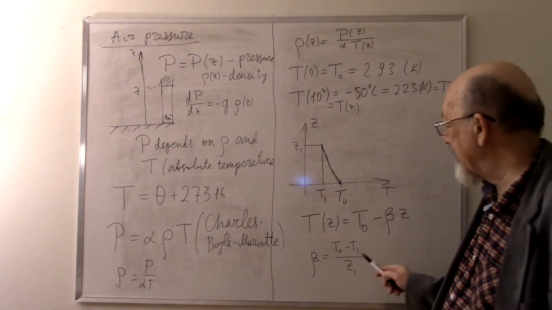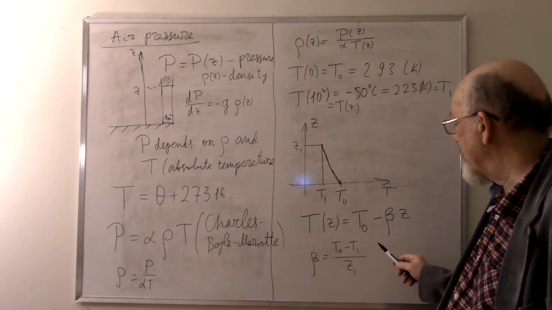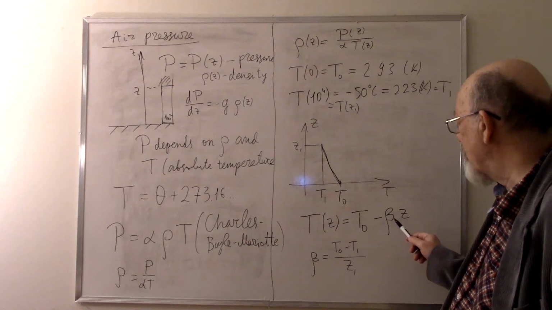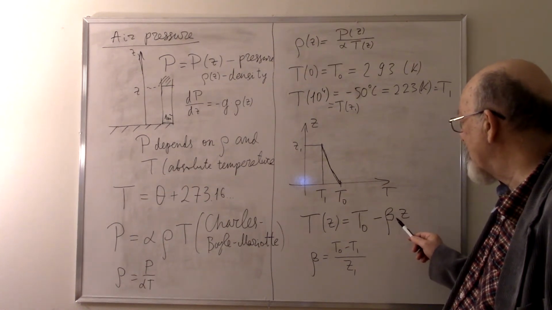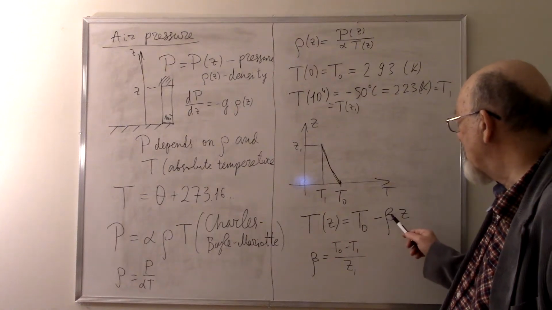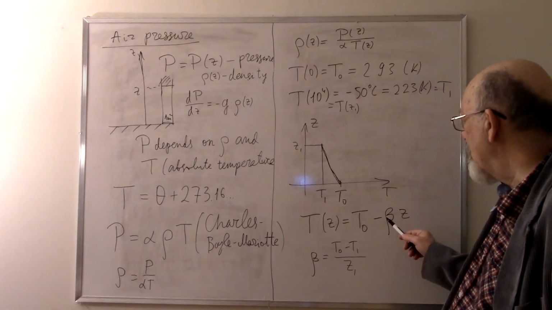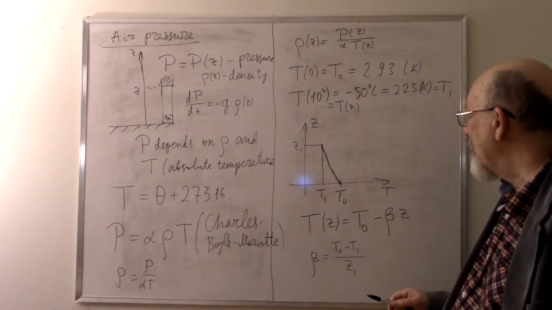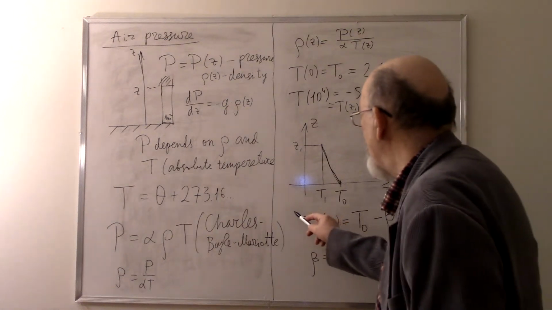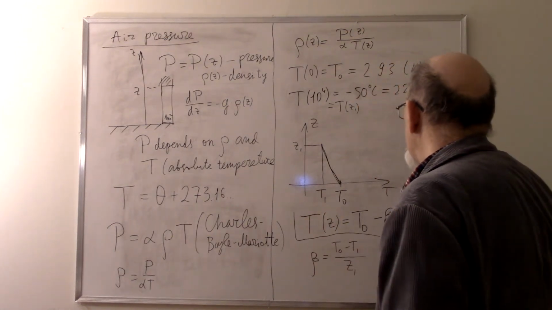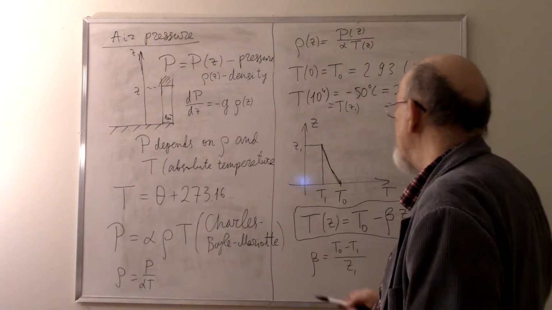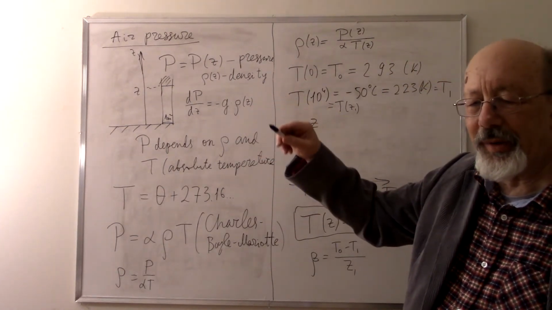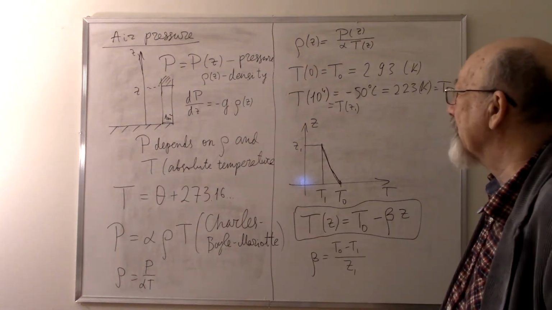If you substitute here and find T of Z1, it is T0 minus T0 plus T1. Yes, it is correct. So we now have the approximation of linear temperature. So temperature decreases as a linear function.